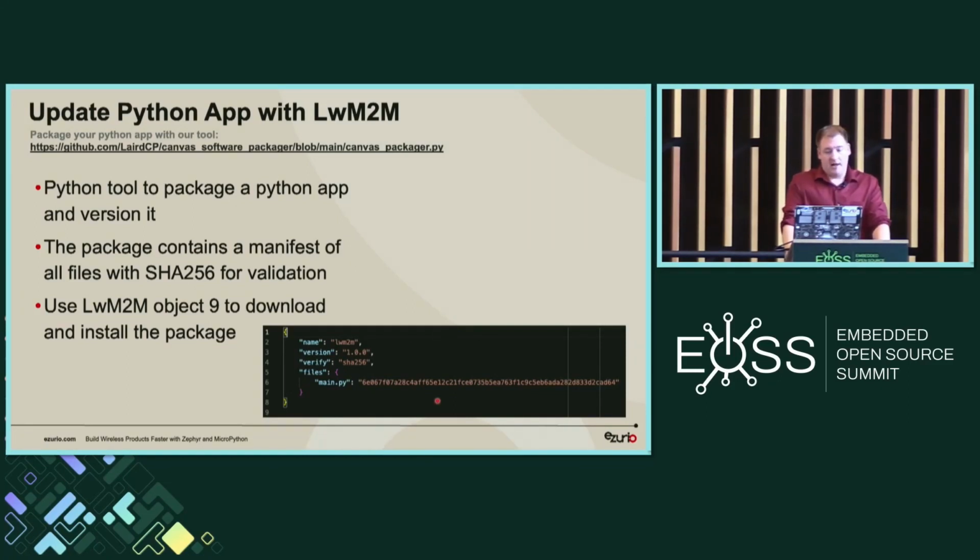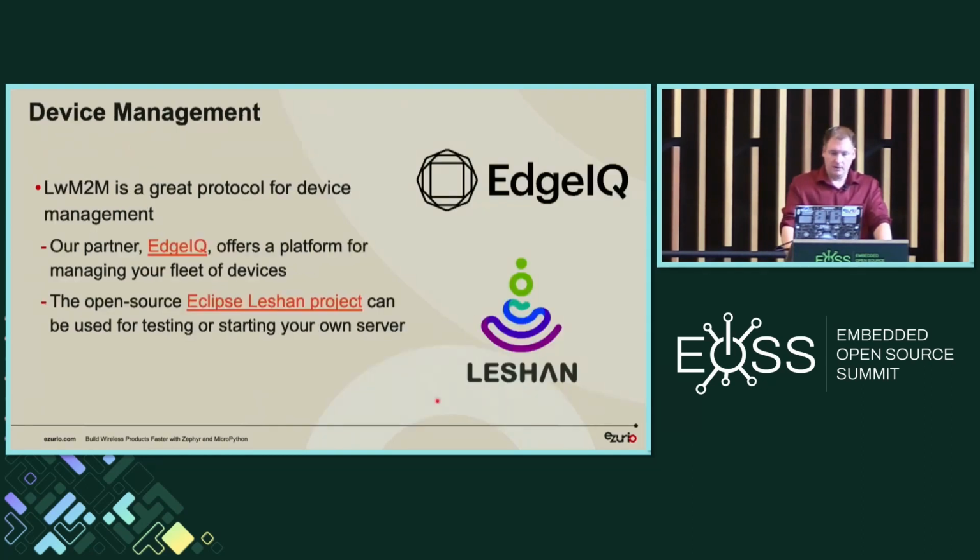And each file is also, when it's packaged, a SHA-256 is used, so when it's extracted on the device, we can know if the file's valid and there's not corruption. And then you get your packaged, versioned Python app, and with Object 9, you can download and install it.